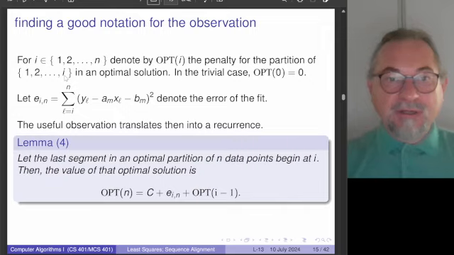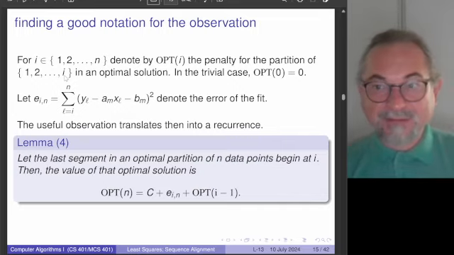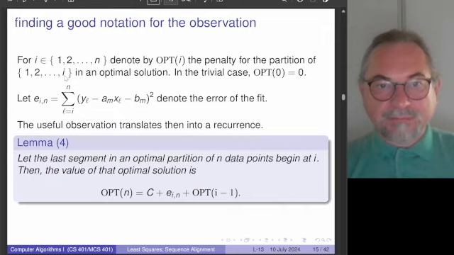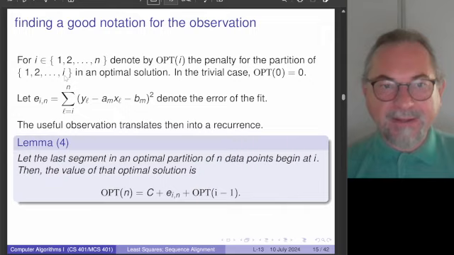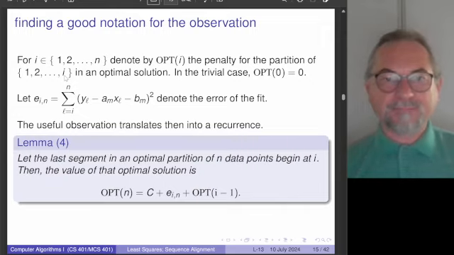Okay, so doing mathematics often starts with definitions, but finding good notation is also critical, the way you write things down. So we will denote OPT as a function of i, the penalty for the partition of up to i.